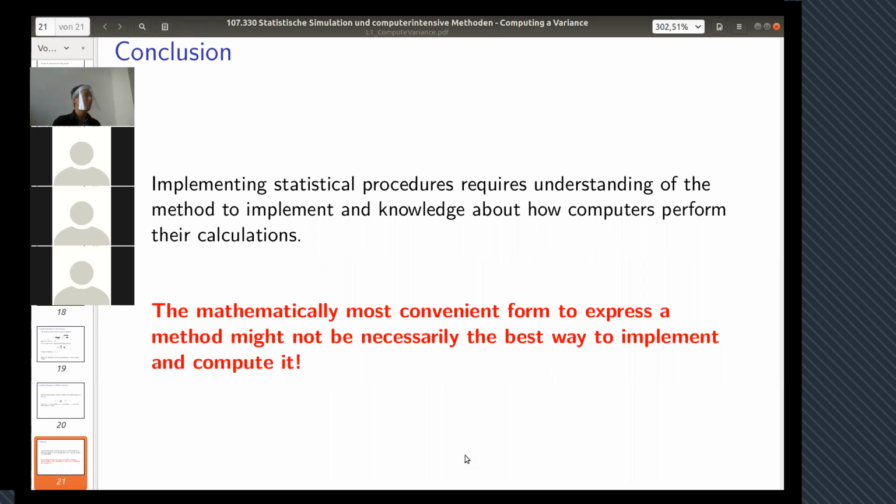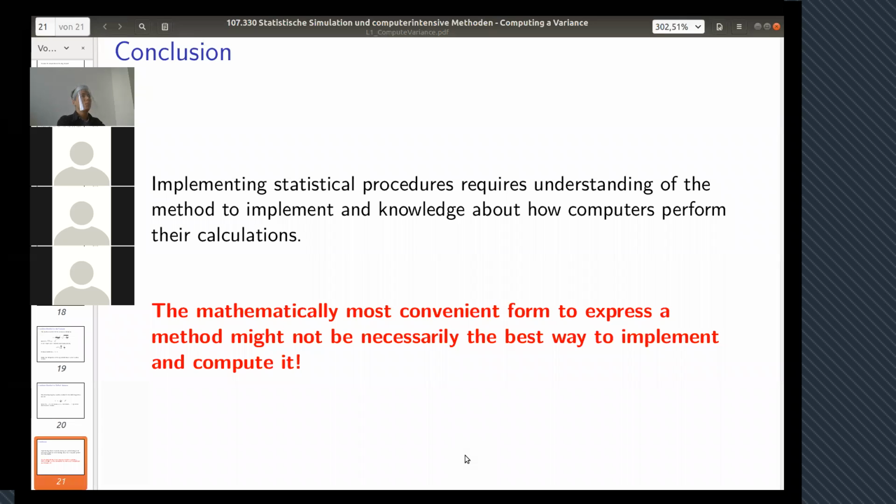gradually build up and start with random number generation and then build up modeling where we do bootstrapping, then also revise a little bit of the basic statistics and look at it in a different light, in the light of computation. Because not everything which is mathematically cool and convenient is something which is good for computers.